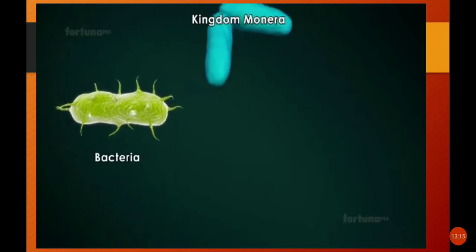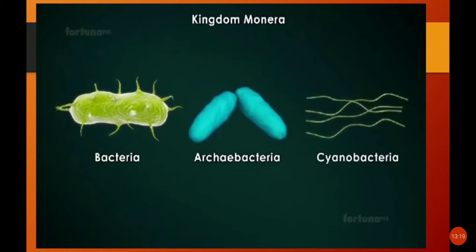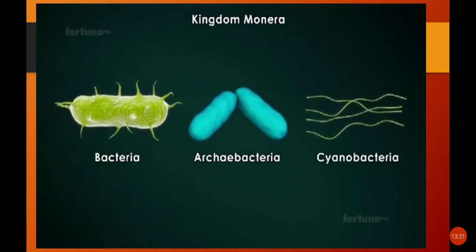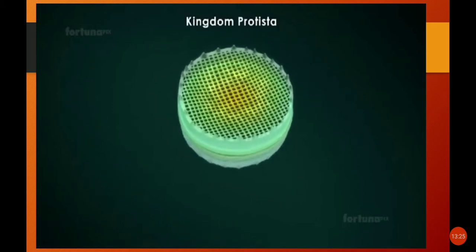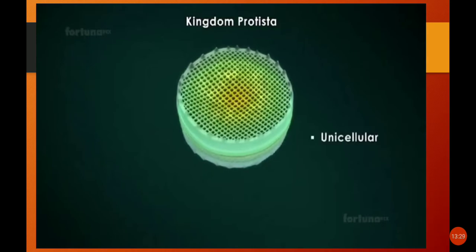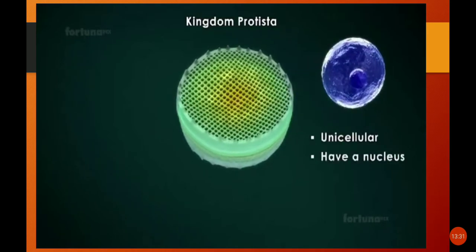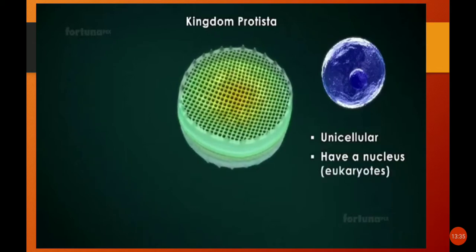Bacteria, Archaebacteria, and Cyanobacteria are all members of Kingdom Monera. Kingdom Protista is next. The organisms within this kingdom are also unicellular, but they have a nucleus. Cells of this type are referred to as eukaryotes.